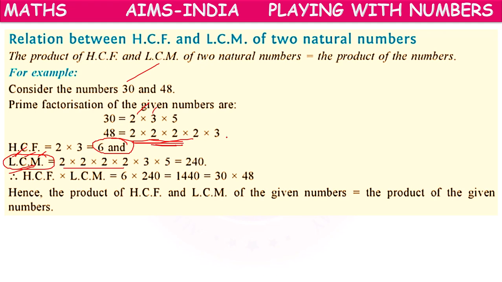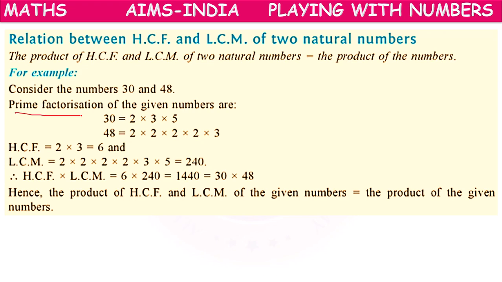Here 3 one time, one time: greatest number of times, 1 time. 5 one time, 0 times: greatest number of times, 1 time. We write all the factors the greatest number of times and multiply them. Then we get 240, which is the LCM of 30 and 48.